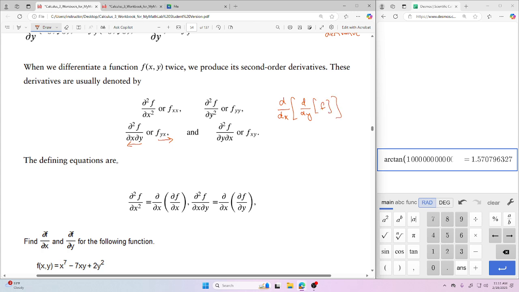I'm replicating this one, by the way. How many D's do I got in the top? 2 of them. How many D's in the bottom? 2 of them, separated, I guess. And then I got an x and then a y. Notice that this guy here came first. This is the first one that we're doing, and then this is the second one we're doing.